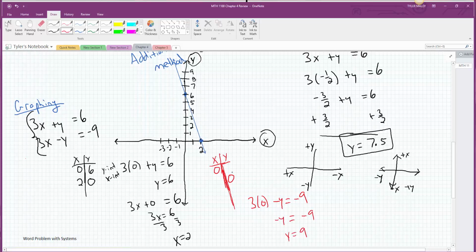So when x is 0, y is 9. Now I can put 0 in for y, so I would have 3x minus 0 equals -9, which gives me 3x equals -9. Divide both sides by 3, and I get x equals -3.